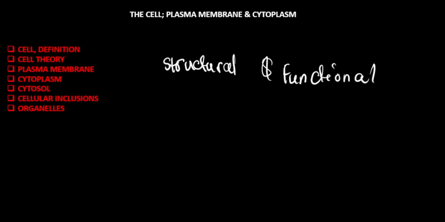So a cell is the smallest unit that can carry out all of these functions, and it's also the smallest unit that has the structure of life. So that's basically what the definition of the cell means: the basic structural and functional unit of life.